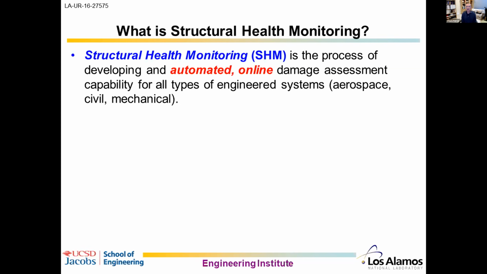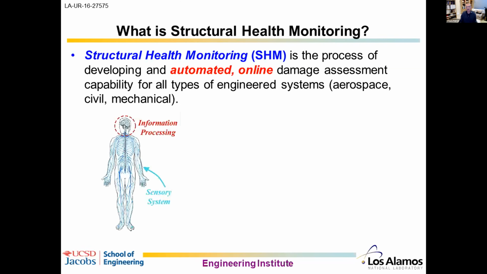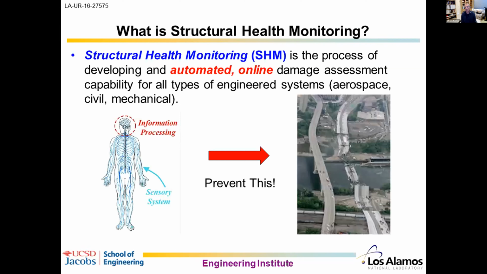And I would say it's a process of developing an automated online damage assessment capability for all types of engineered systems. Okay, and so you can think again about the analogy of a human information processing and sensing system that we try and replicate in all types of engineered systems with the goal of preventing this type of damage.